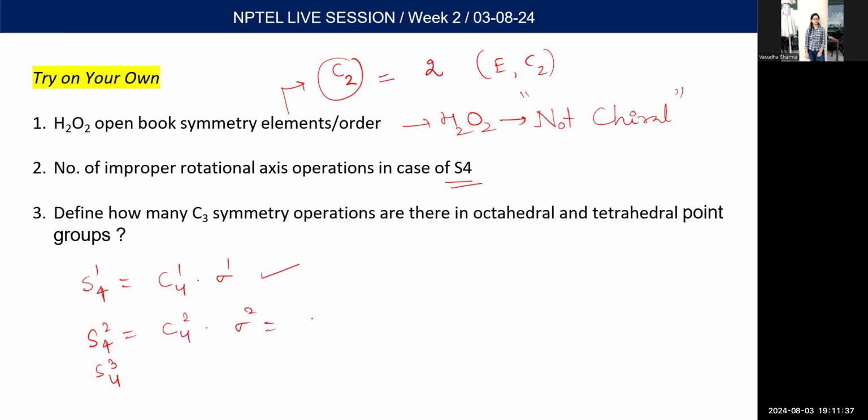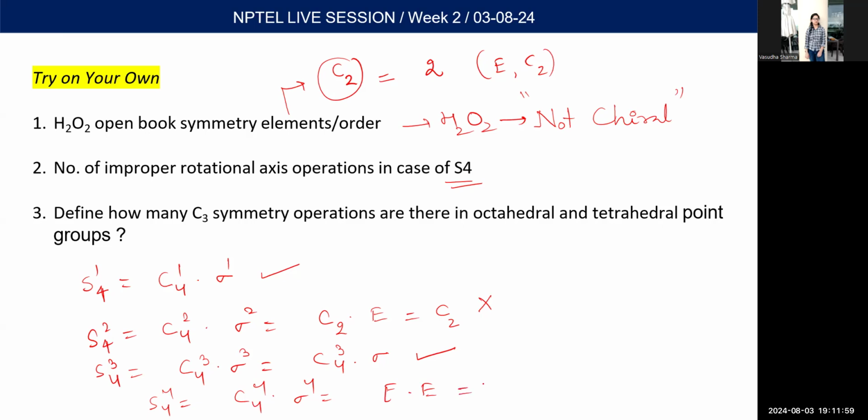C4^2 is nothing but your C2 and sigma^2 is identity. So this is your C2 rotation, so this is not counted. S4^3, C4^3 and sigma^3, which is C4^3 and sigma. This is counted. Now we have S4^4, C4^4 into sigma^4. C4^4 is identity, sigma^4 is identity. So therefore this is identity. It is also not counted.